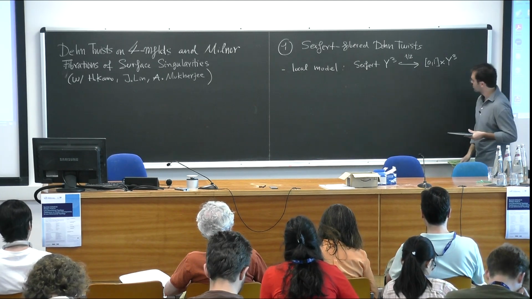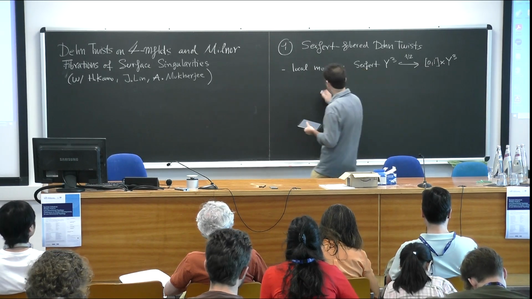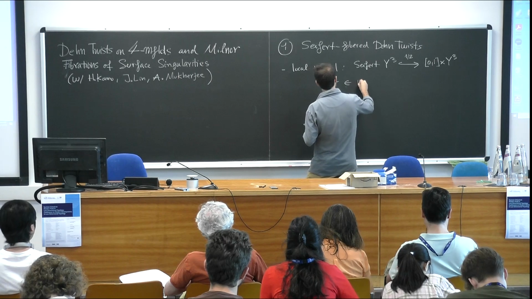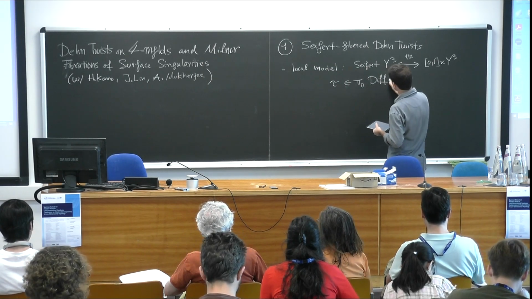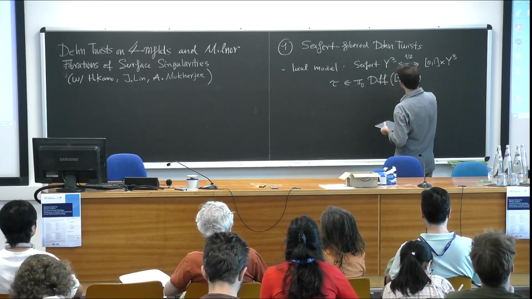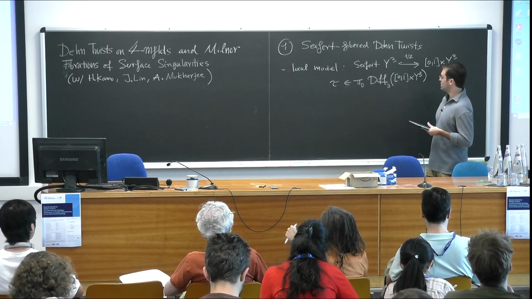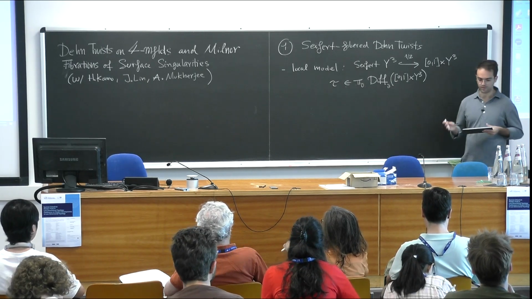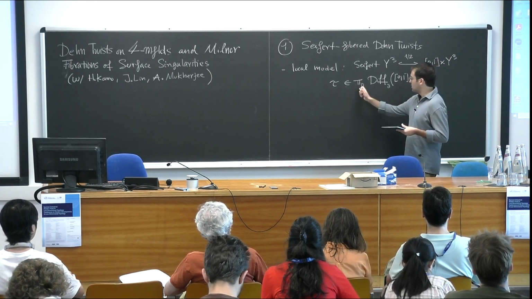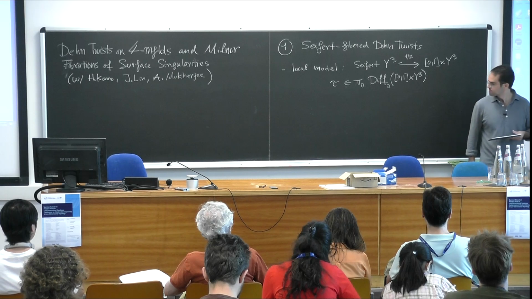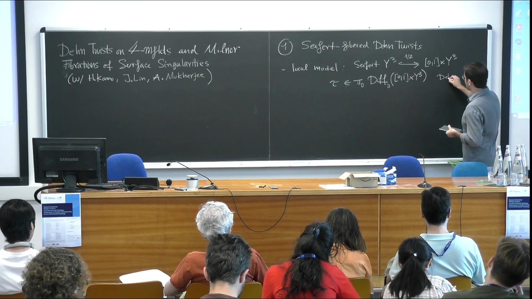We're going to define a certain diffeomorphism of this interval cross Y, and that's going to be the Dehn twist. It has the property that it fixes the boundary. Moreover, it fixes a small neighborhood of the boundary, and it's well defined up to isotopies. So this is going to be the Seifert fibered Dehn twist.